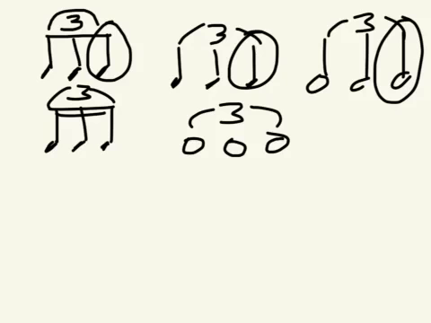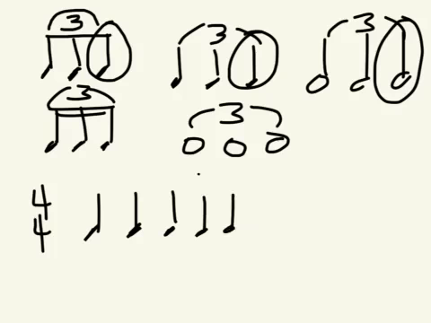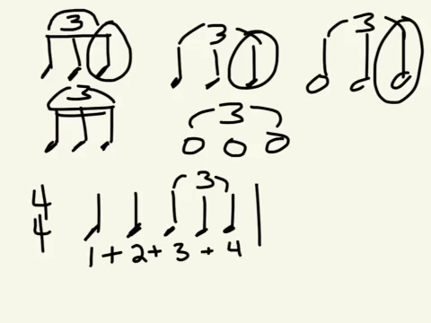So for example, if I were writing a rhythm in 4/4 time, I could have quarter note, quarter note, quarter note triplet, and that would fill that measure. So it would be 1 and 2 and 3 and 4 and.